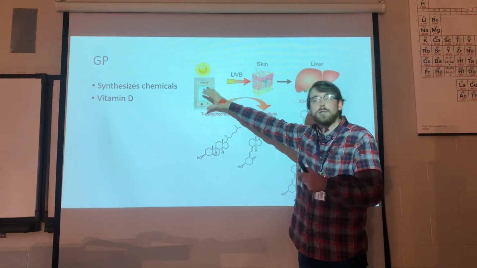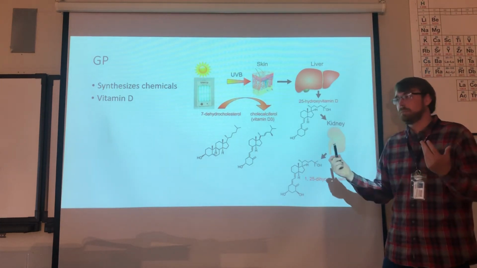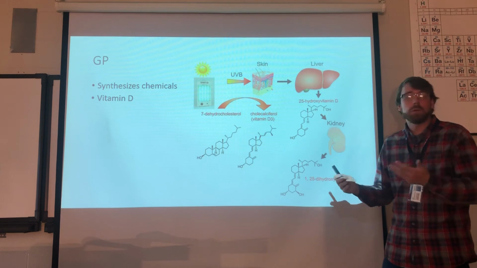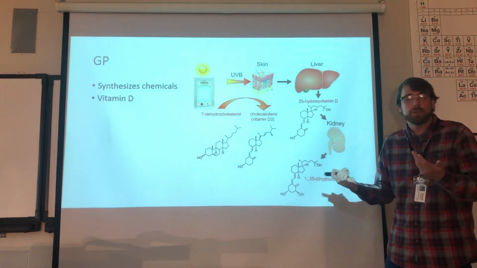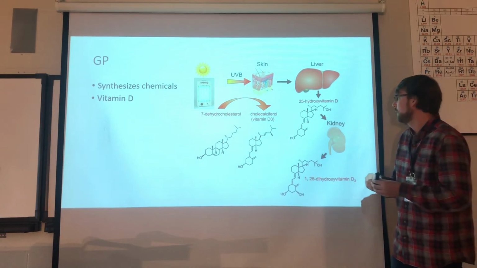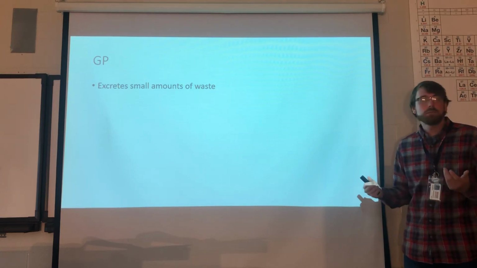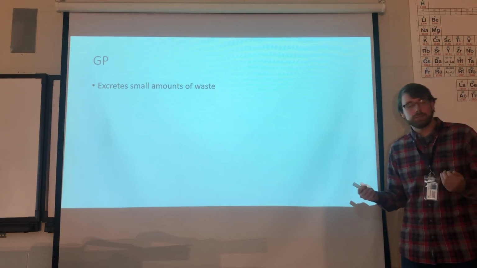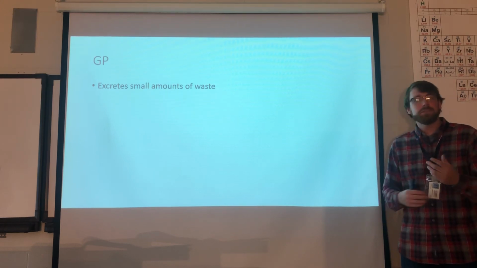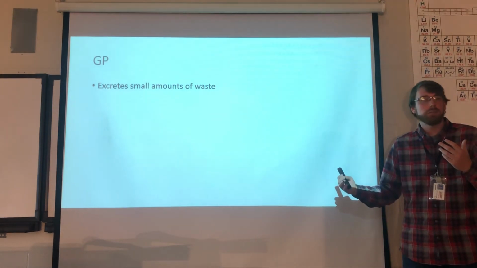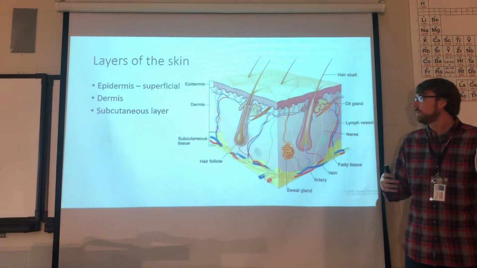Without this radiation, you cannot synthesize it, which is why we are hard up for it in the winter, when there's less sun, but we generally get around that by fortifying food today. Your skin also secretes a small amount of waste. This is not your sweat, it's not the salts in your sweat. It secretes a few ammonia compounds, but I don't have any useful imagery for this.